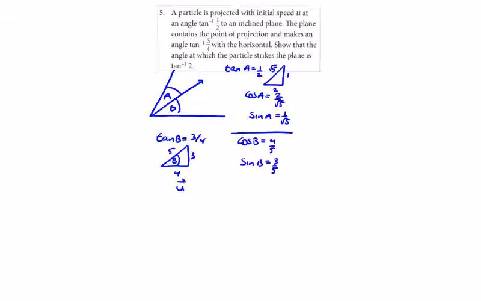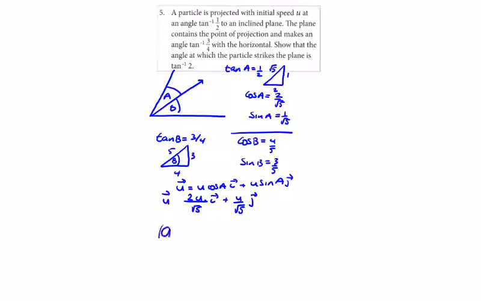My initial vector is going to be u cos A in the i direction plus u sine A in the j direction. So that's going to be u times 2 over root 5, so 2u over root 5 in the i direction plus u sine A, which is just u over root 5 in the j direction.